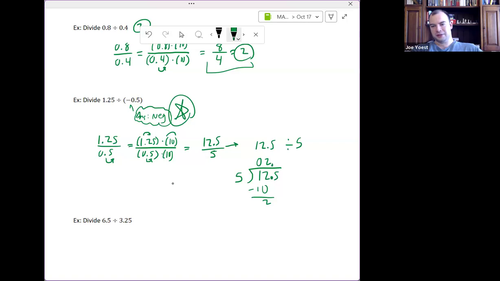My decimal point comes up. My 5 comes down. 5 goes into 25 5 times. 5 times 5 is 25. 0 remainder. Nothing else to bring down. Our answer is 2.5, but with a negative sign. So our answer is negative 2.5.